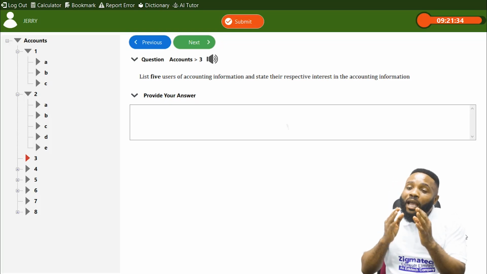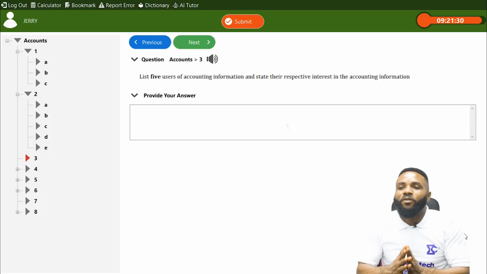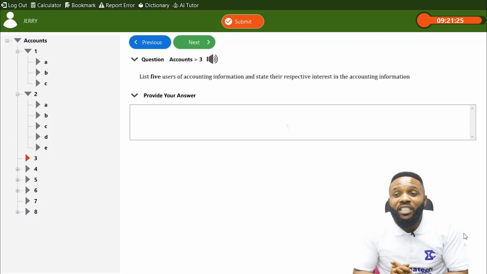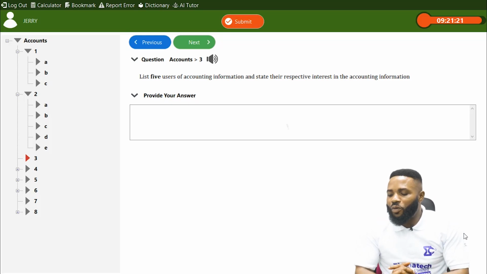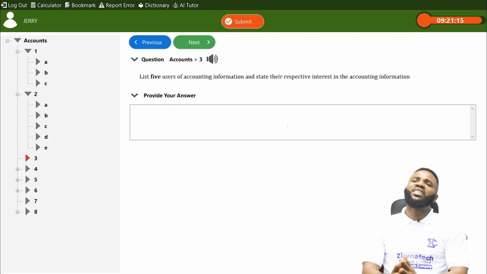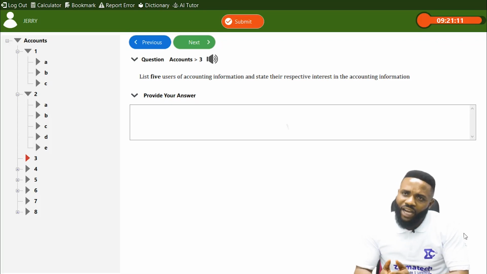So at that point, the employees need the accounting information to find out if the business is actually making progress so much that their job is secured. And then the sixth one is what we call the suppliers or the creditors. Now, what is the difference between the bankers or the financial institution and the supplier?